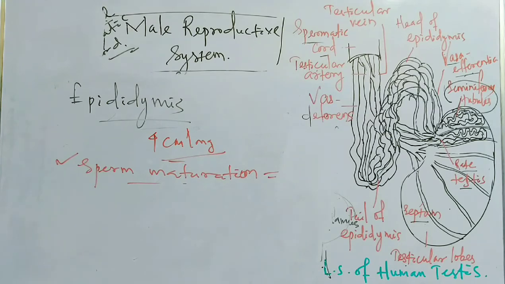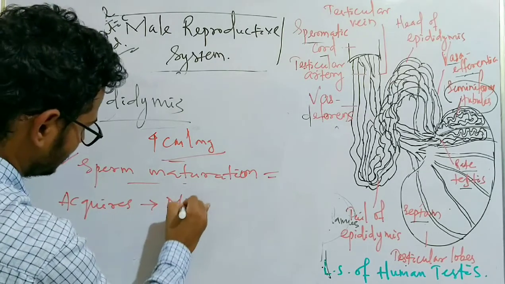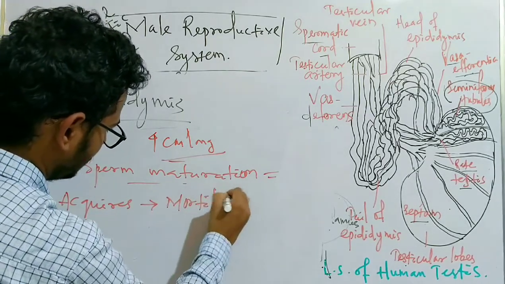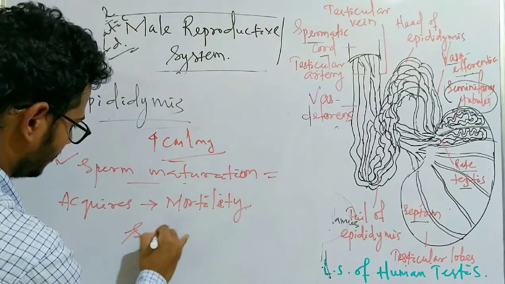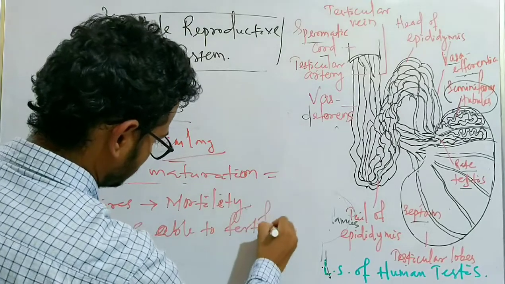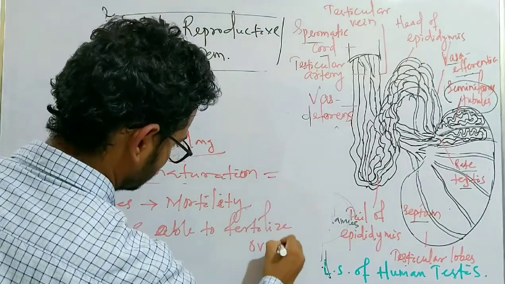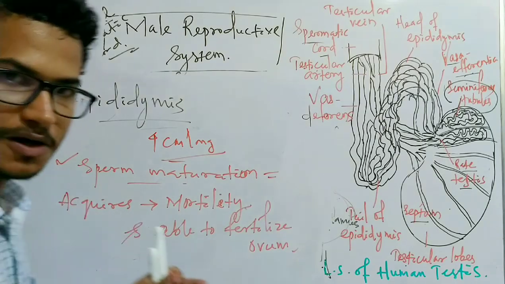Okay, that means it acquires motility and becomes able to fertilize, what? The ovum. So this ability is gained by the sperm.